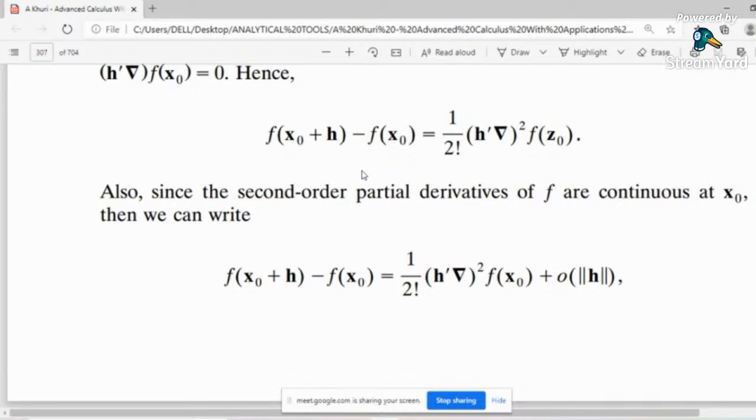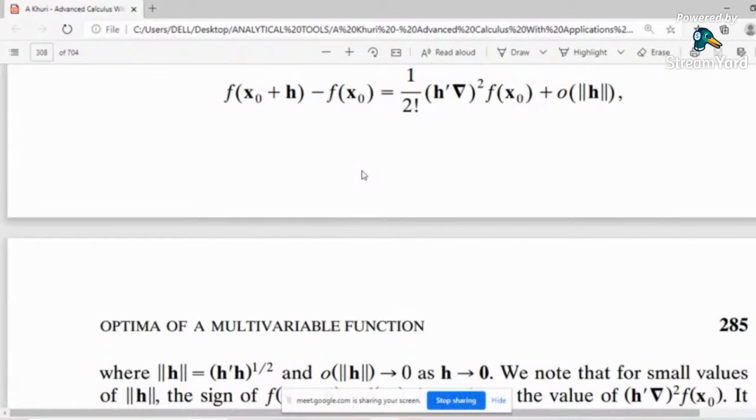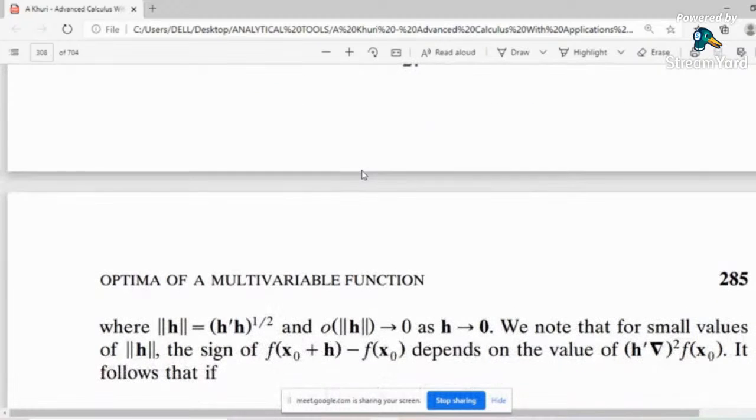So by applying the continuity argument, we can write like this, where h equals h prime h raised to 1 by 2, and order of h is a small increment, a small positive quantity going to 0 as h tends to 0. We note that for small values, the sign depends on the first term, because we are considering arbitrarily small order of h, which is going to 0.